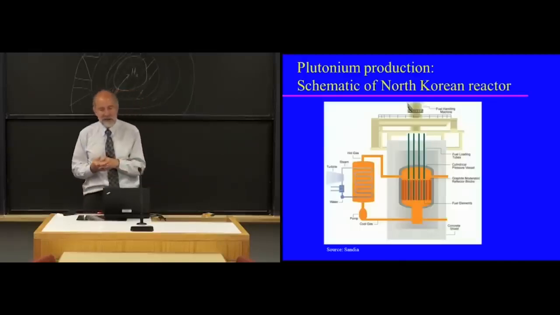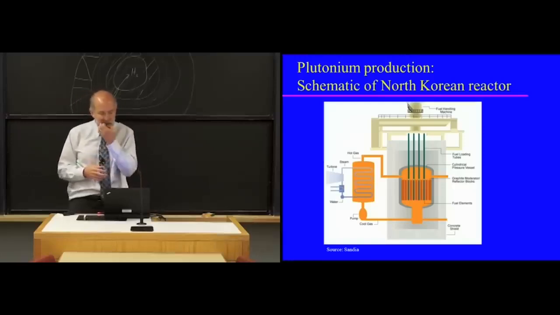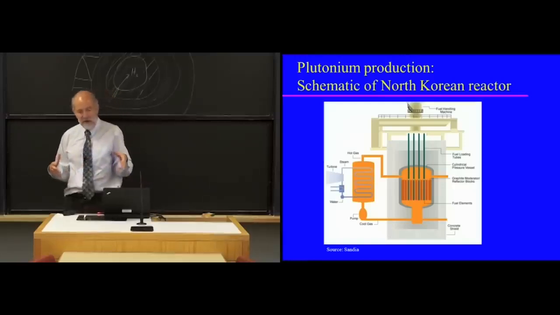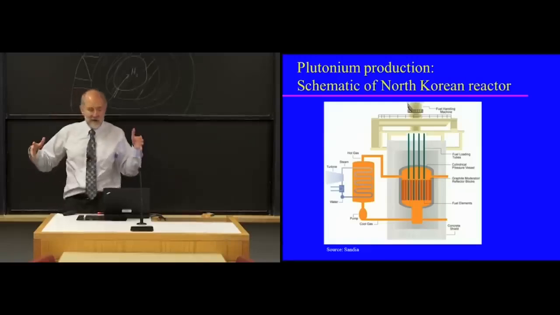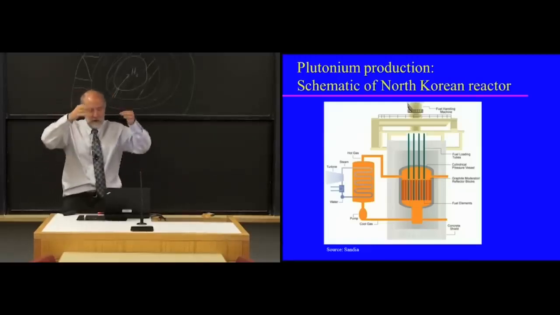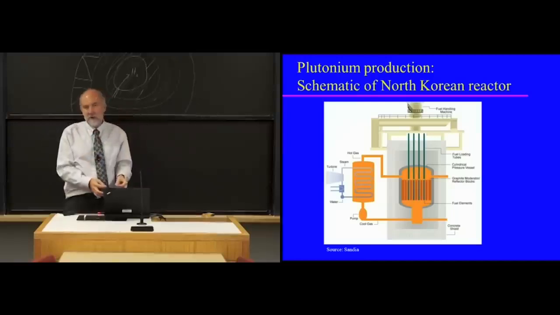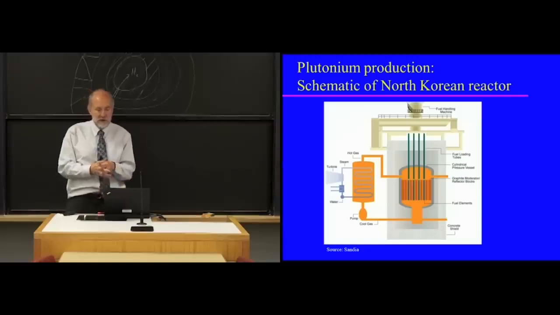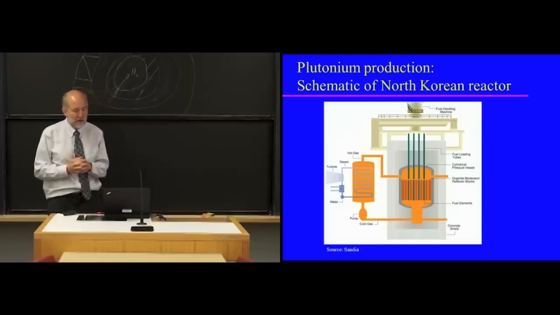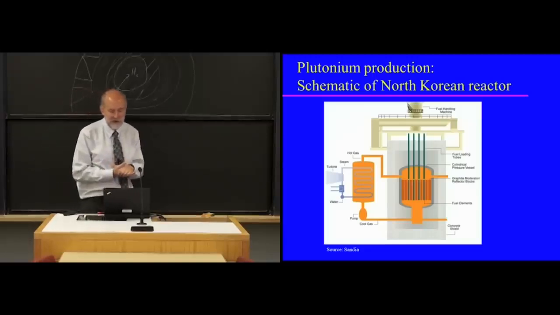This is a schematic of that reactor. You have a fuel handling machine at the top. The reactor itself is basically a big pile of graphite reflector blocks, and you have these tubes of fuel that go down into the reactor core, and a concrete shield around the outside of the whole thing.